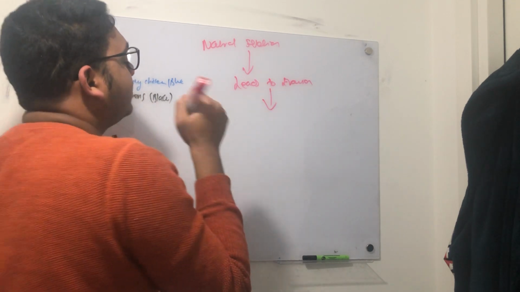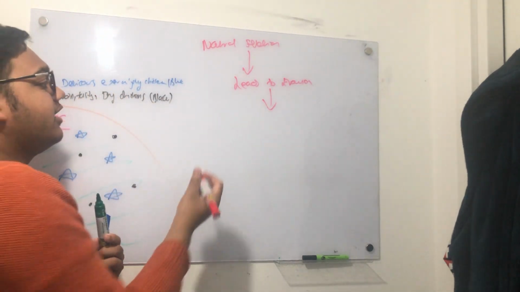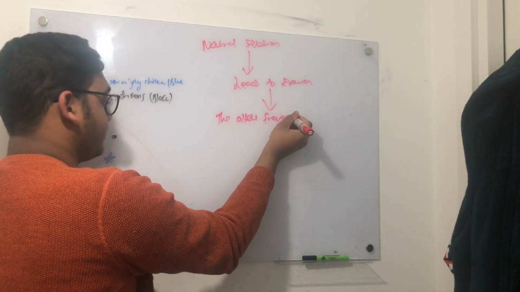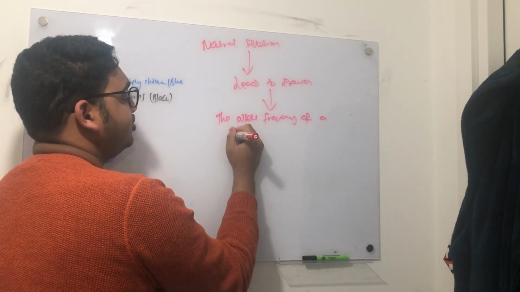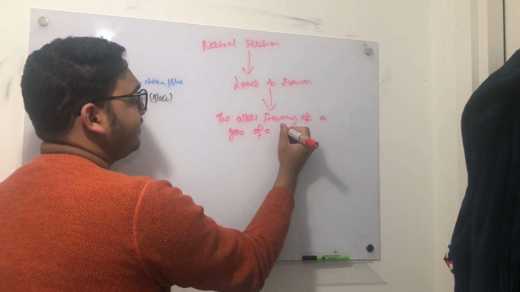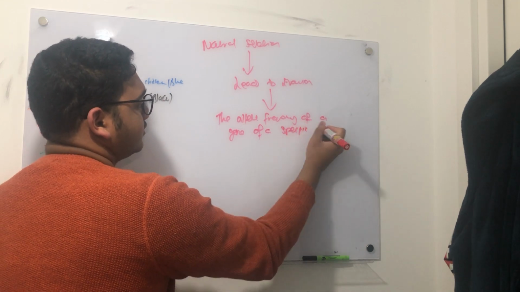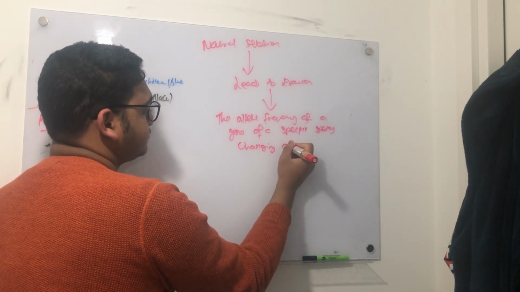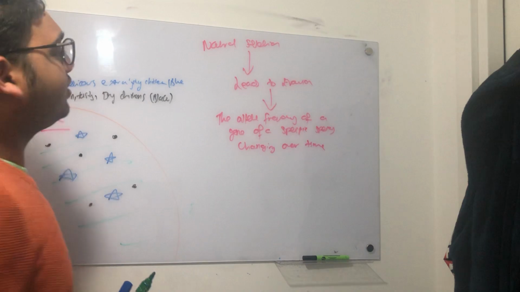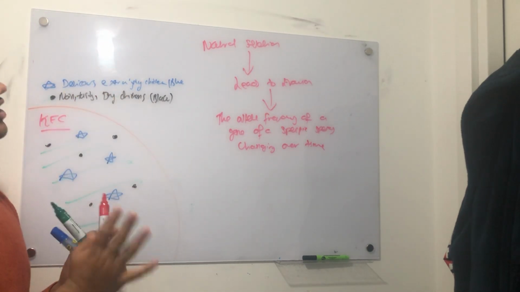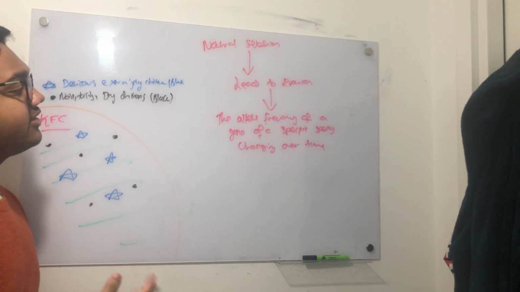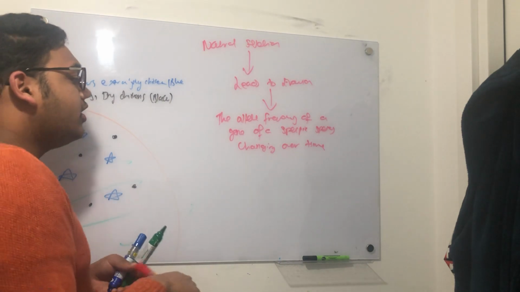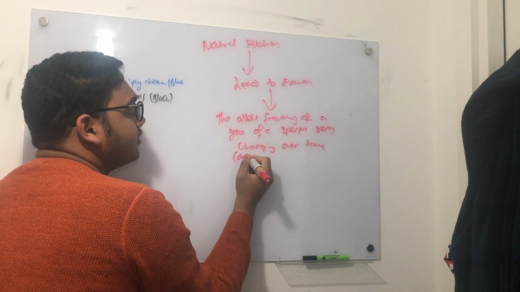And evolution is basically the process of the allele frequency of a gene of a specific species changing over time. So let's go over that again. Natural selection leads to evolution, and evolution is the idea that the allele frequency of a gene of a specific species changes over time, or let's just say over generations.